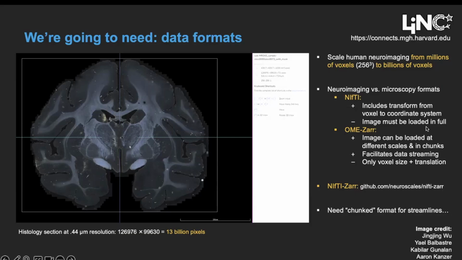And this solves our problem with loading volumetric data, but then we have other kinds of data like surfaces or streamlines in our case from tractography. And we don't have comparable chunked formats for only loading parts of streamlines when we're looking at ultra high resolution. So these are problems that we will have to solve in the next few years to be able to do visualization of all these different kinds of data sets at the same time.